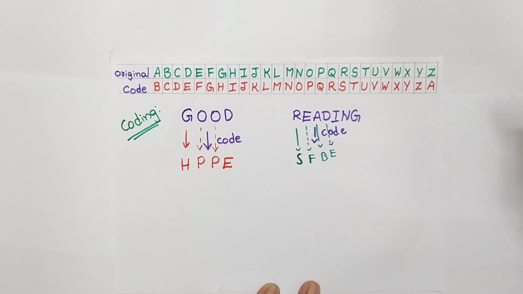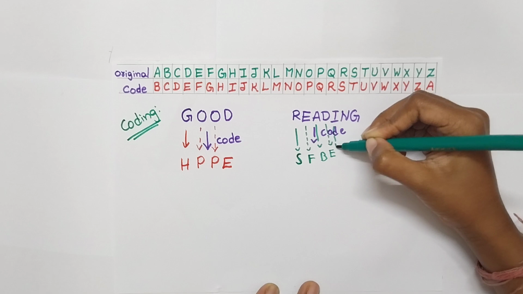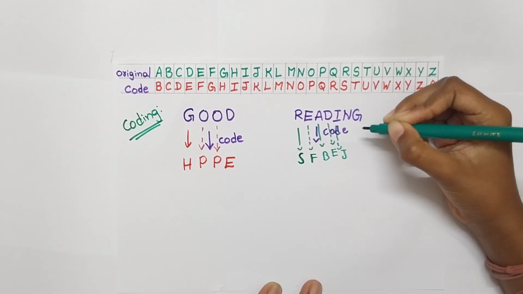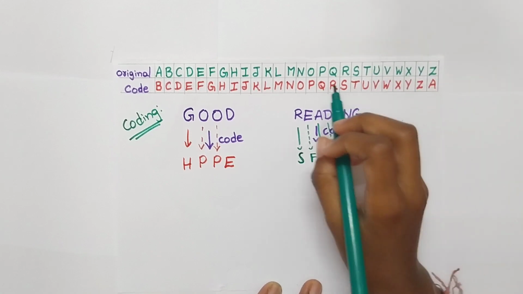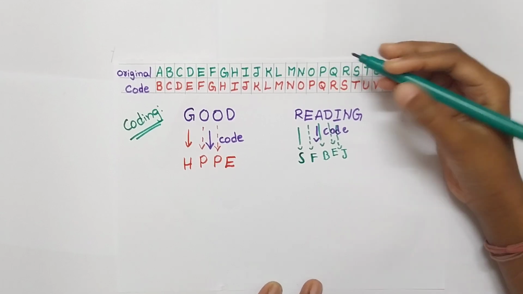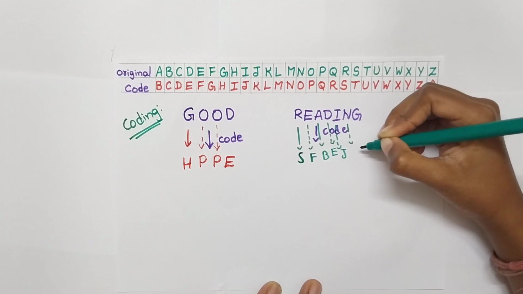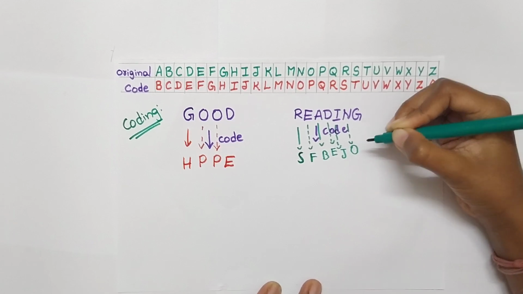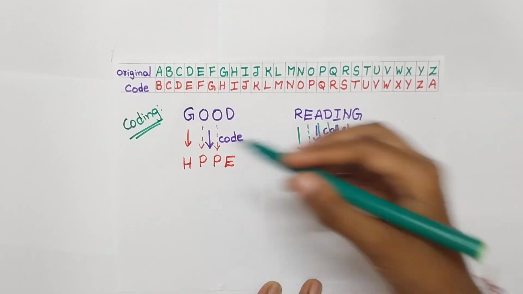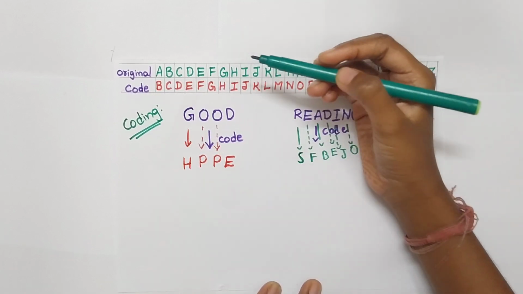Now, where is the I? Here is the I. In place of I, we write J. Now, where is N? Here is the N. In place of N, we write O. And the last letter of this word, G. Here is the G, the last and final letter.